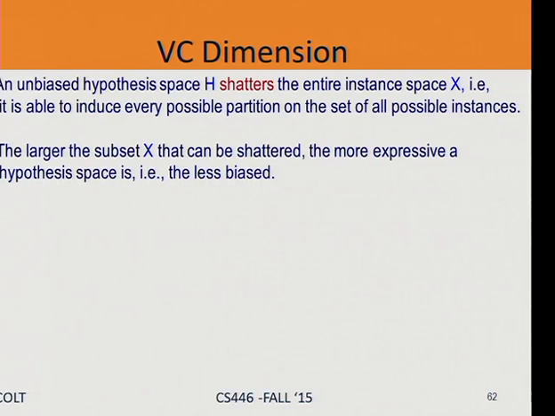More specifically, we're going to define VC dimension in the same way, right? So we notice that if we have an unbiased hypothesis space, all the functions are there, you can shatter all the instance space, right? I give you an instance space, all possibilities can be shattered because I don't have any constraints on what functions to use.